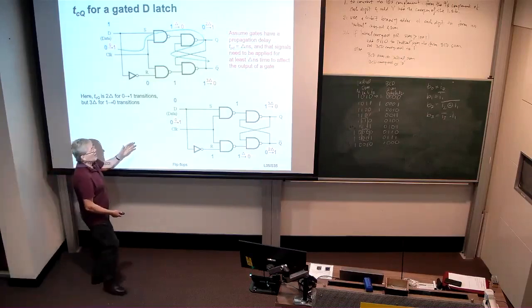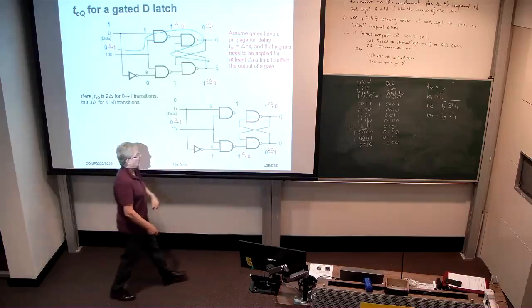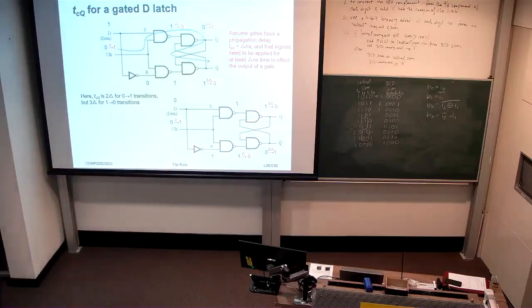But if we were changing from 1 to 0, as is illustrated in this second example here, the roles of Q and Q bar are going to be flipped around, and as a consequence, we'll see that there'll be a 3 delta delay before Q changes, because the delay has to come via a change in Q bar before Q can change.